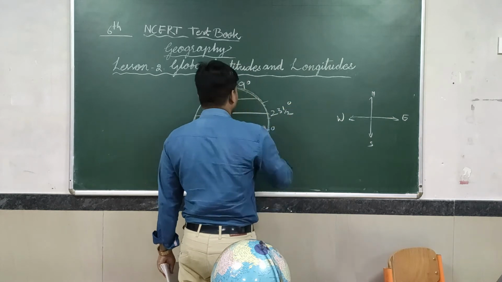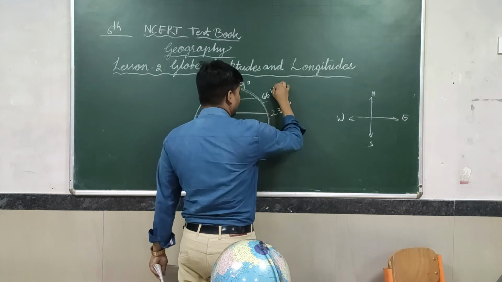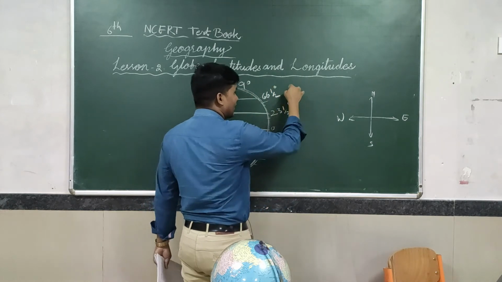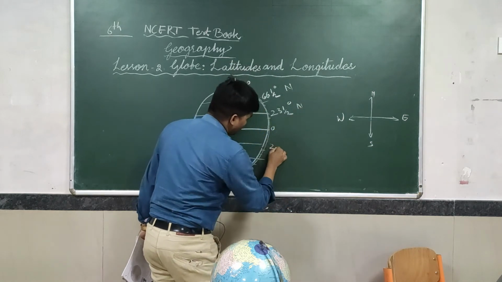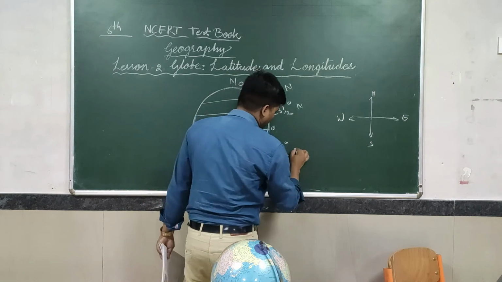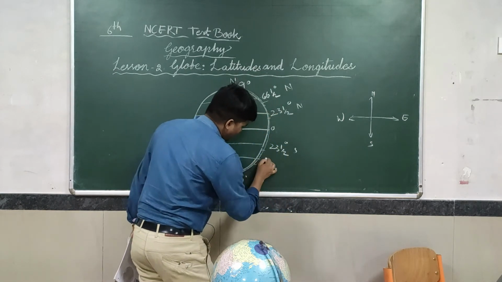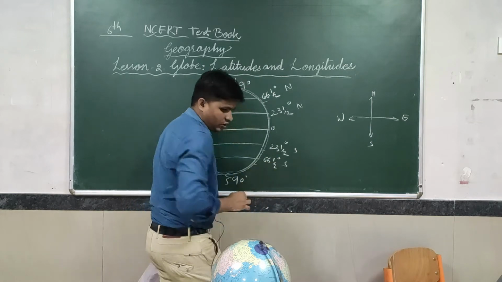This is 23 and a half degree north, this is 66 and a half degree north, this is 23 and a half degree south, and here 66 and a half degree south.